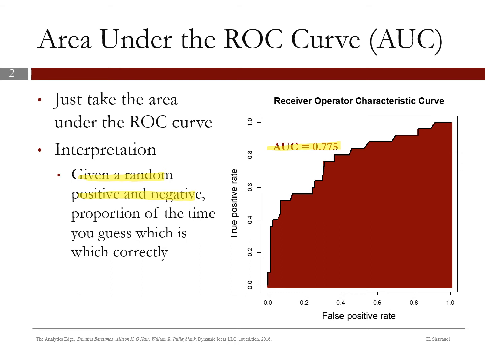Given a random positive and negative, or 1 and 0, the value of the outcome, the AUC is the proportion of the time you guess which is which correctly. So what's the probability of predicting correctly? Here 0.775, let's say 0.77, means that 77% of the time our model predicts correctly.